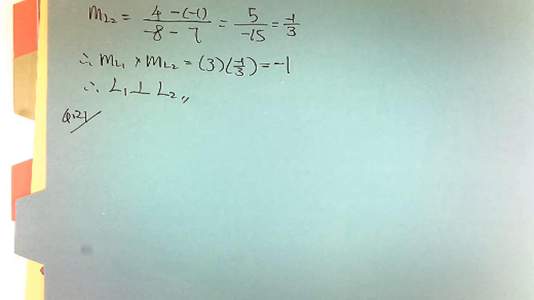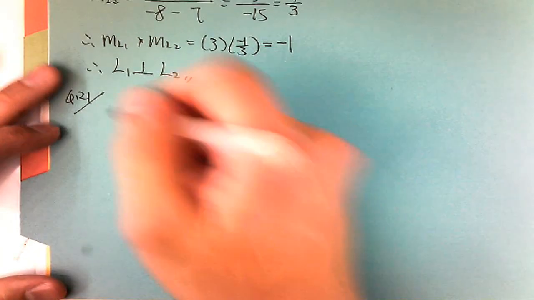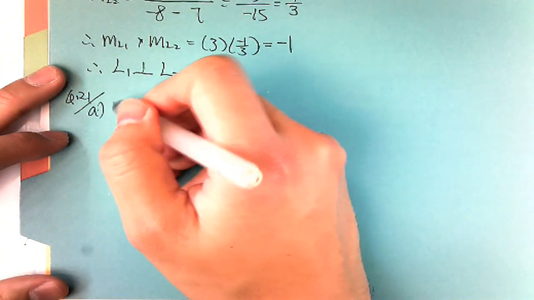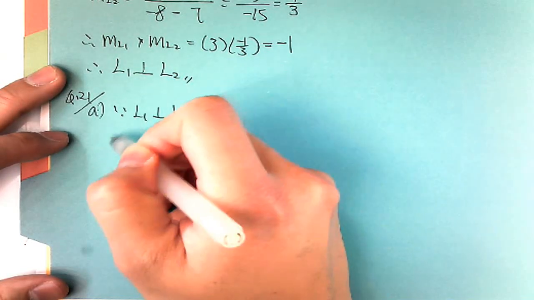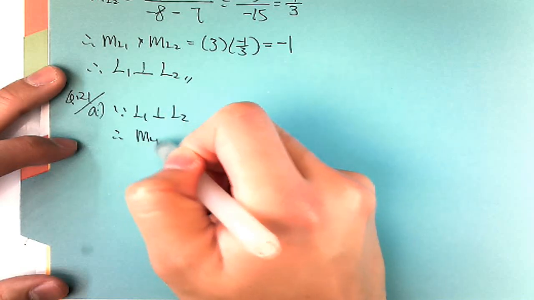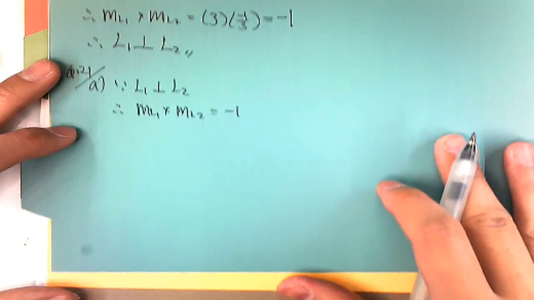So slopes of L1 and L2, they multiplied together must be equal to -1 because L1 and L2 are perpendicular to each other. In the format, you can write like this. Because L1 is perpendicular to L2, so mL1 times mL2 must be equal to -1.